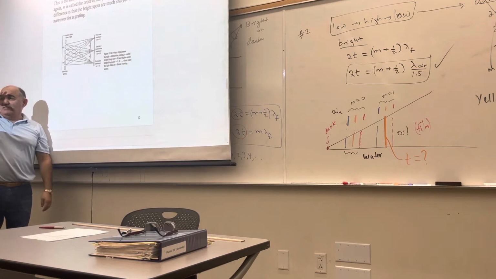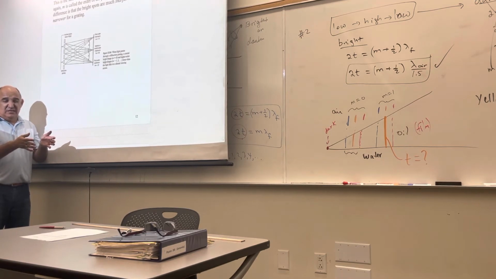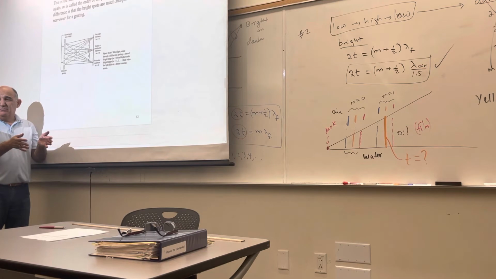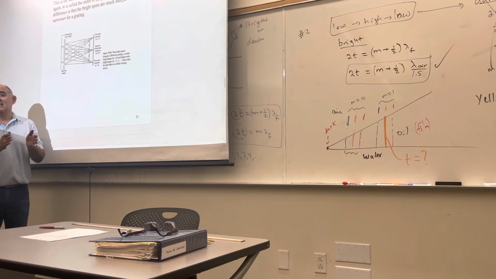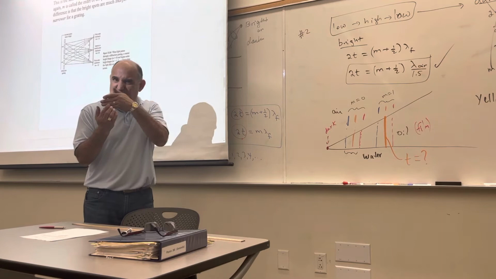And we have gratings in the lab with, I think, 600 slits per millimeter. I don't think it's per centimeter, it's per millimeter. And that's a lot of tiny slits, right? So in a centimeter is like 6,000.